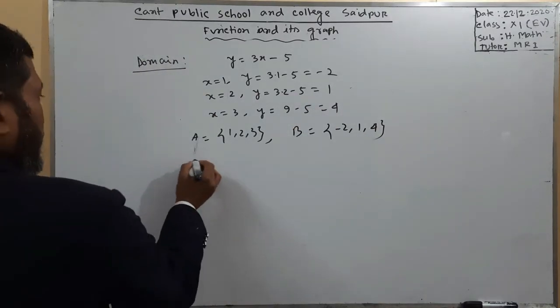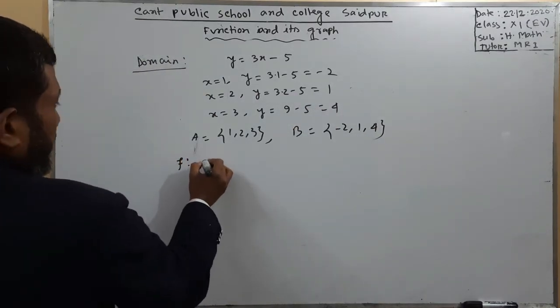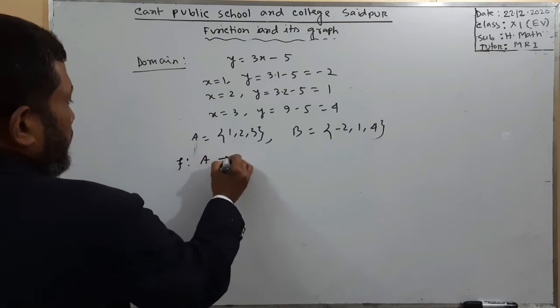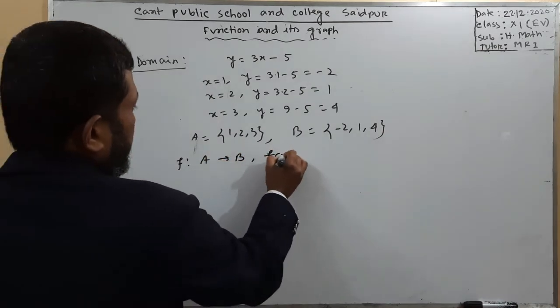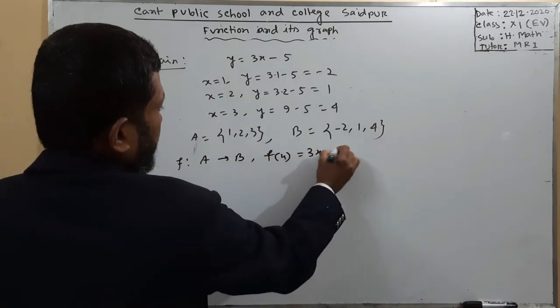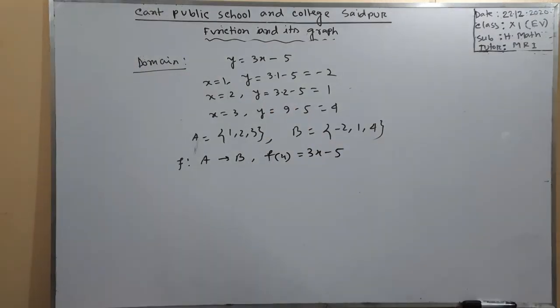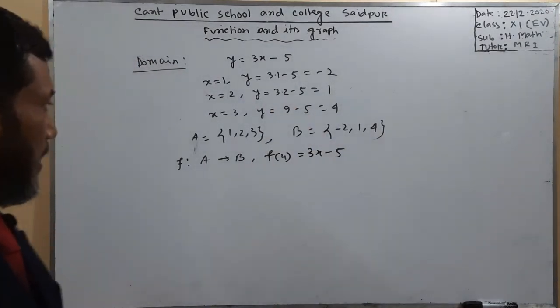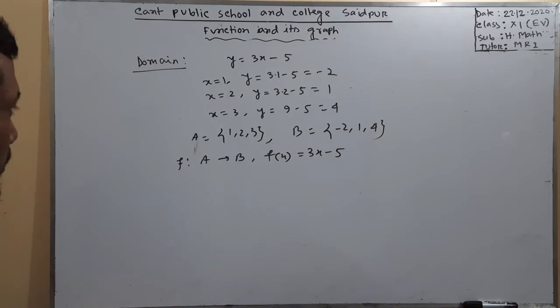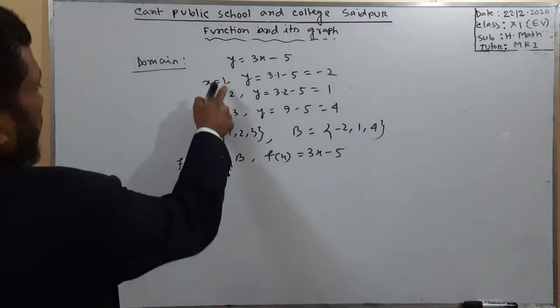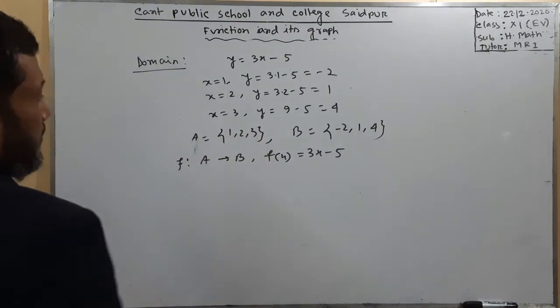This is the function. We can define f such that A tends to B. Here f of x will be 3x minus 5. The domain of this function will be 1, 2, 3.